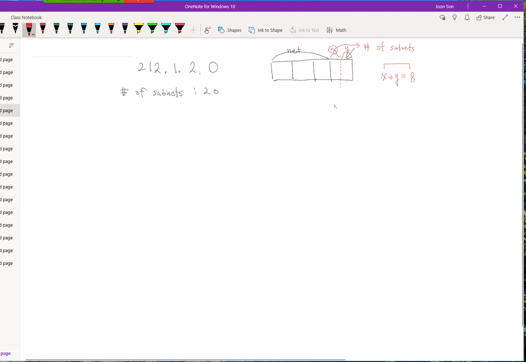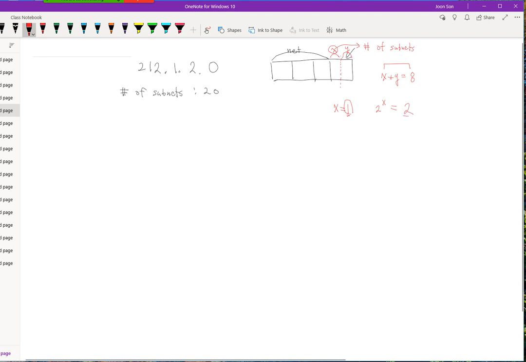So when X is 1, meaning that only 1 bit is borrowed from the host portion, then basically 2 to the X. If X is 1, then 2 to the power of 1 is 2.